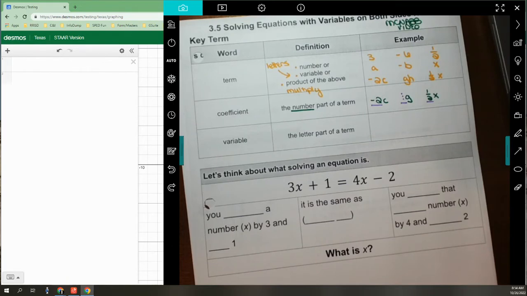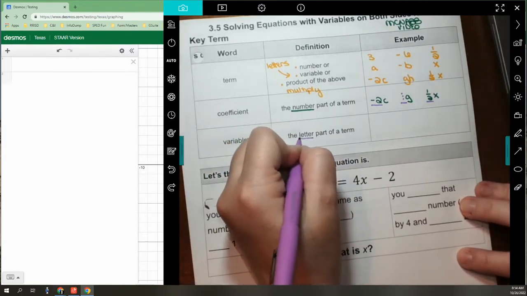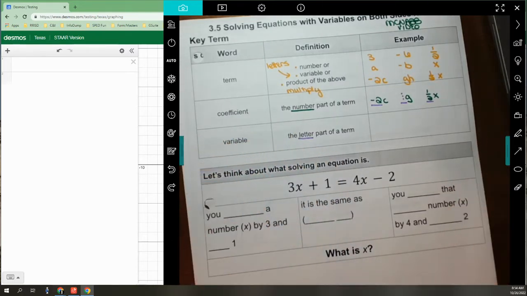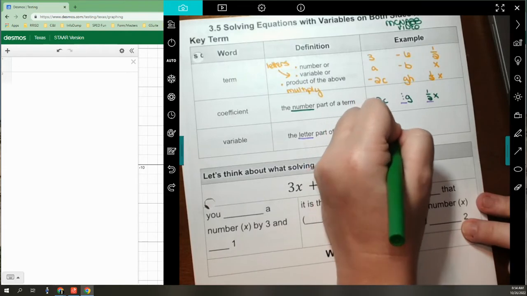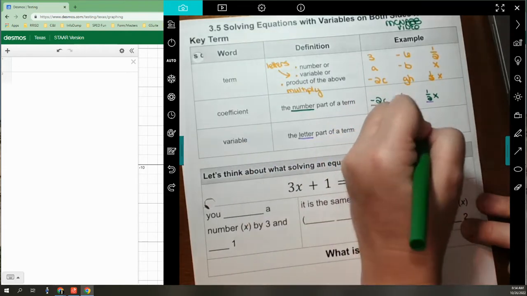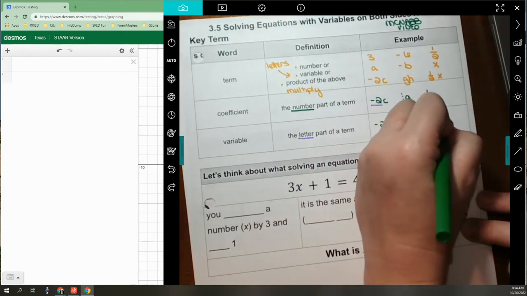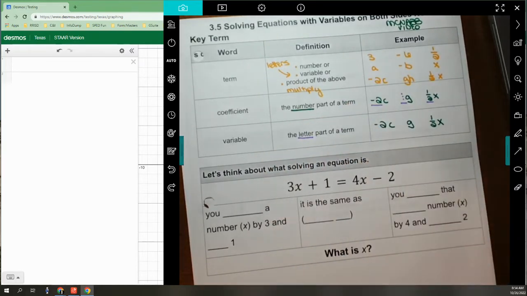Okay, and last but not least, the variables are the letter parts of a term. So again, let's think about -2c, g, and 1/2 x. This should be pretty easy here.